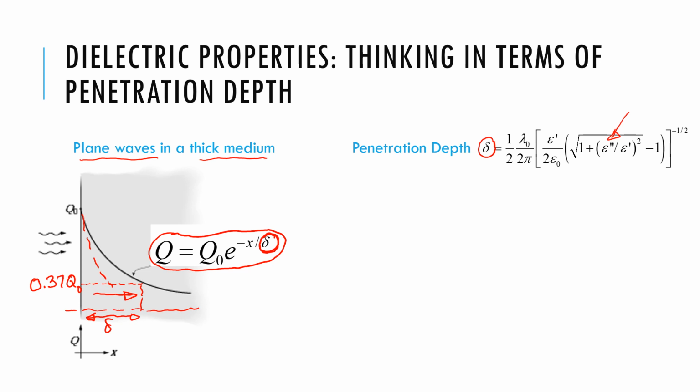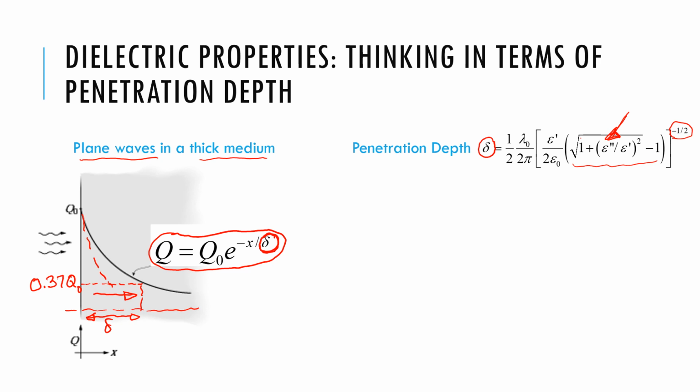If we put this epsilon double prime equal to 0, then we get square root of 1, which is 1. 1 minus 0 is 0, and that raised to the power minus half gives me delta going to infinity, which is what we should get, because if it is not absorbing, then it's not decaying at all. So penetration depth would be infinite.